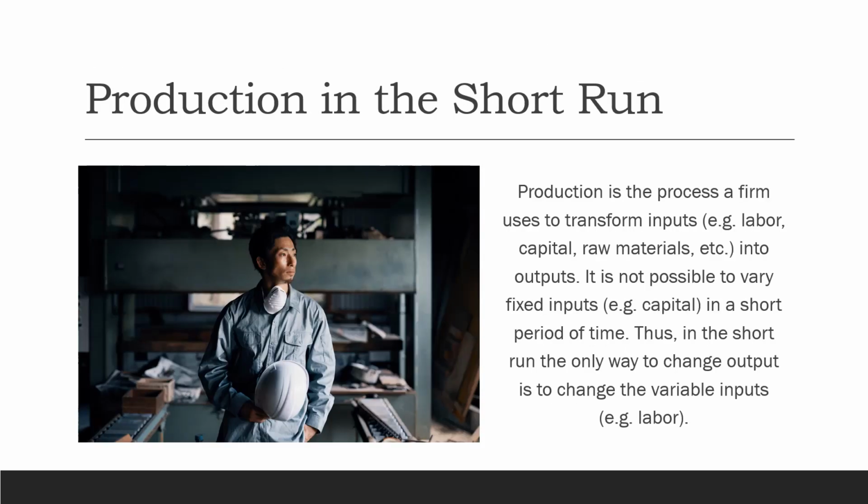When we analyze production in the short run, we should remember that production is the process a firm uses to transform inputs, let's say labor, capital, and raw materials, into outputs, right? It is not possible to vary fixed inputs, for example capital, in a short period of time. Thus, in the short run, the only way to change outputs is to change the variable inputs, let's say labor.